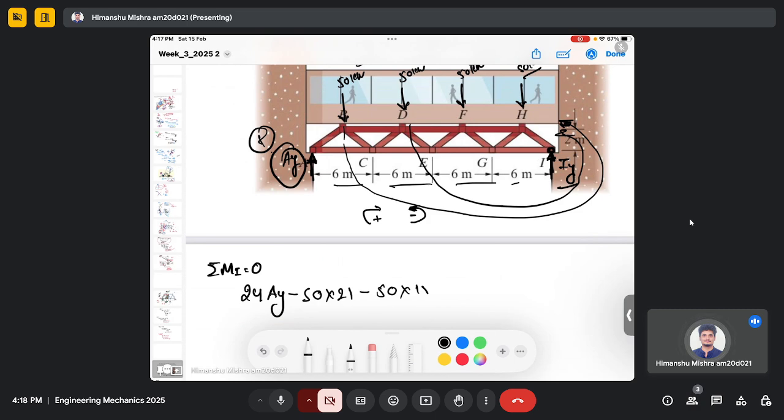This should be 9, so this is 3 meters, this 3, this 3. So it's 9 minus 50 multiplied by 3 equals 0.